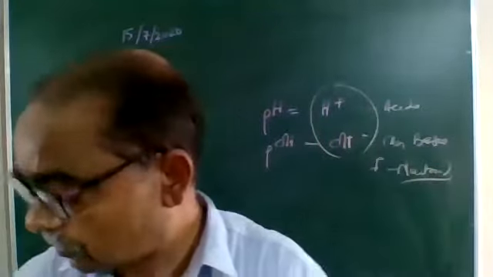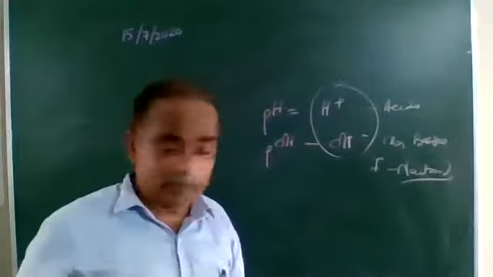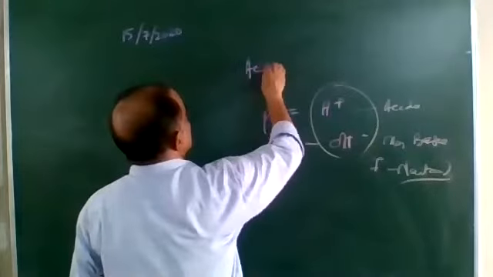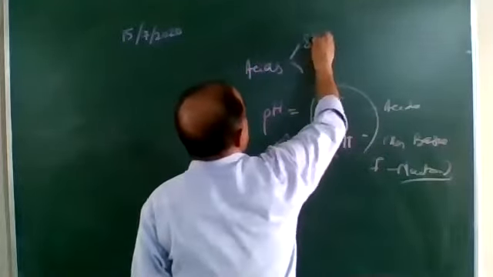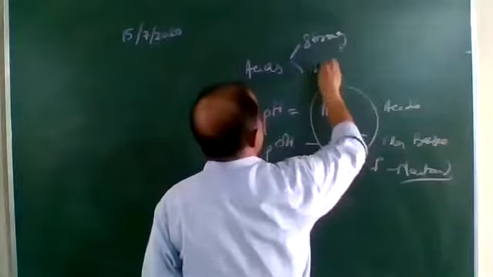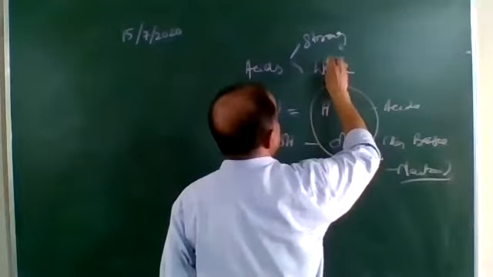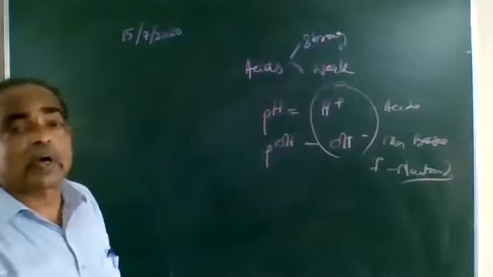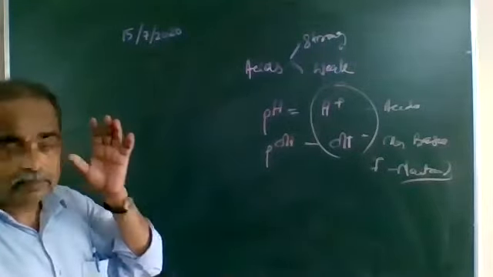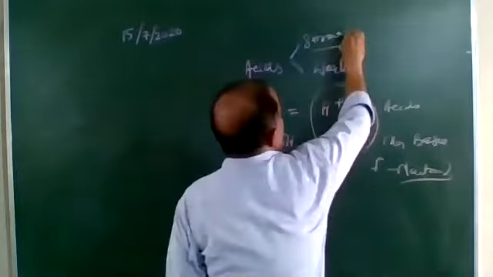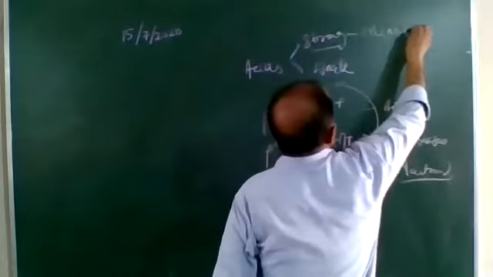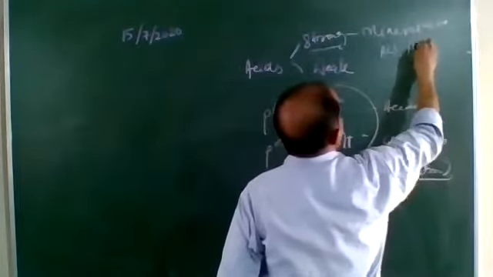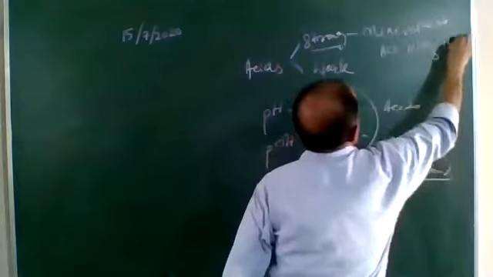Now, next, this statement you write down. Acids are classified into 2, strong and weak. Strong acids are like mineral acids, like HCl, HNO3, H2SO4.